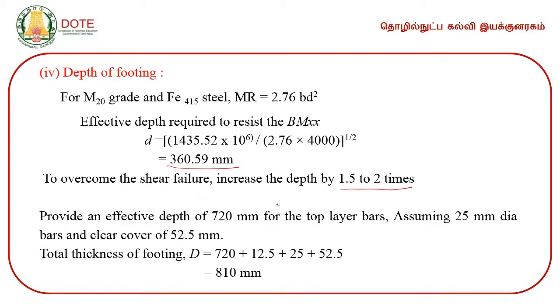In this problem I have taken a factor of 2, so I have multiplied this by 2. So 720 mm is the effective depth, and this effective depth is at the reinforcement of the top bar. So the overall depth is equal to the effective depth at the top bar plus half of the diameter plus bottom bar plus cover, and this is the total depth of the footing.